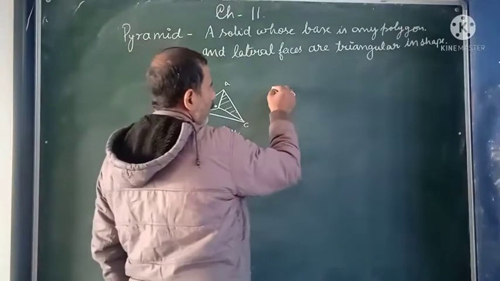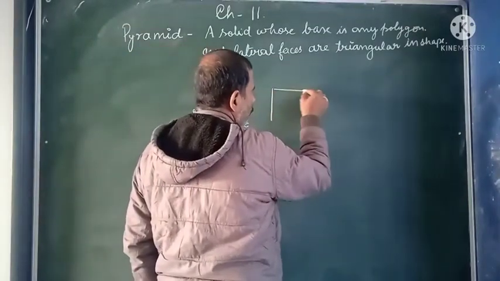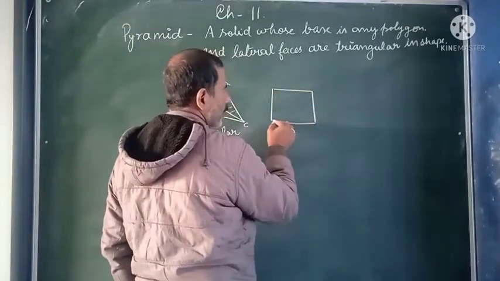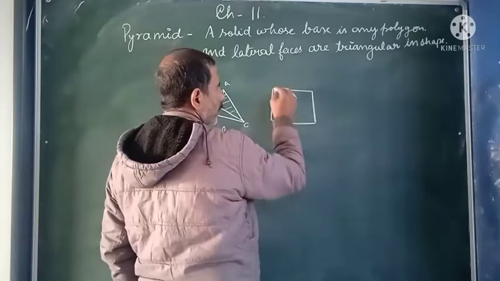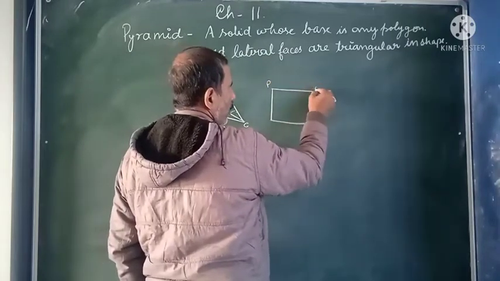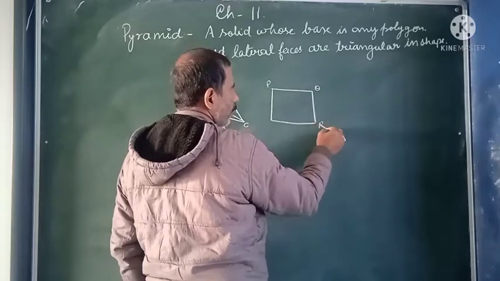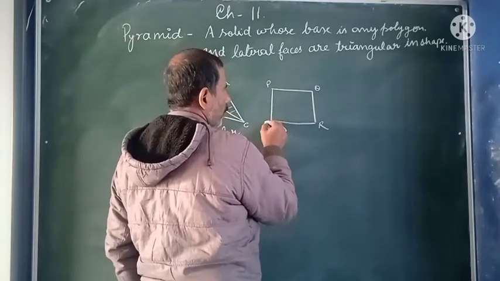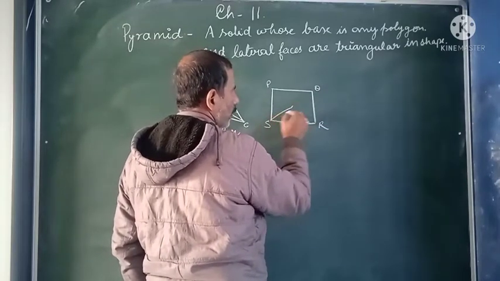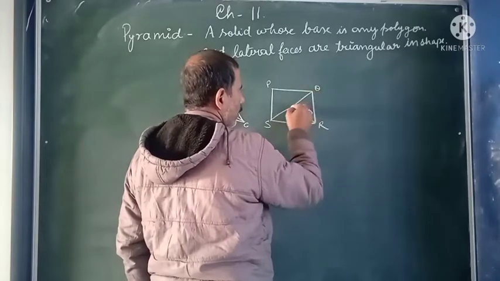The same way, when the base is a square, then this pyramid is called square pyramid.